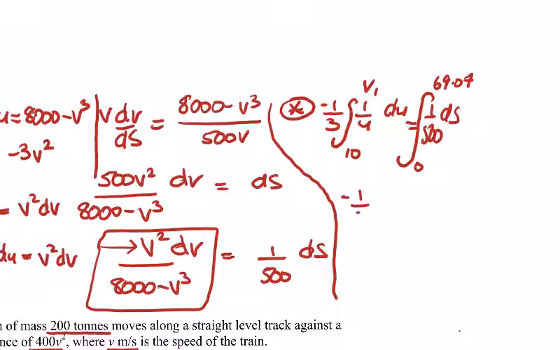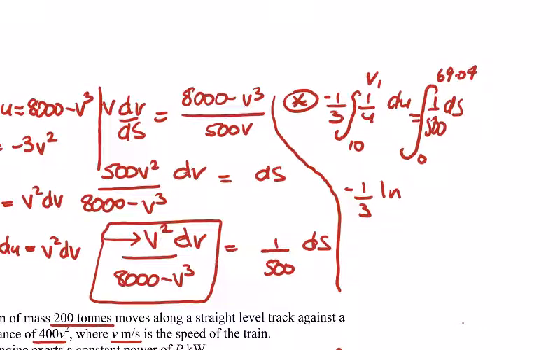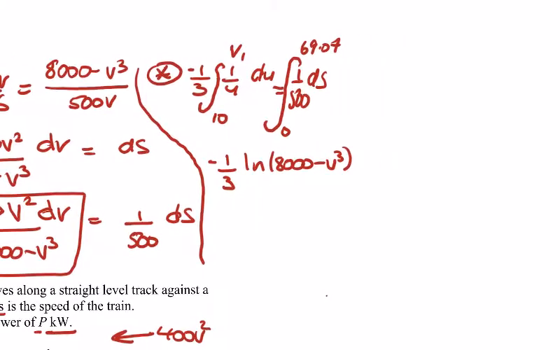So we have minus 1 over 3 times the natural log of u, which was 8,000 minus V cubed, between V1 and 10. That will be equal to s over 500, between 0 and 69.07.